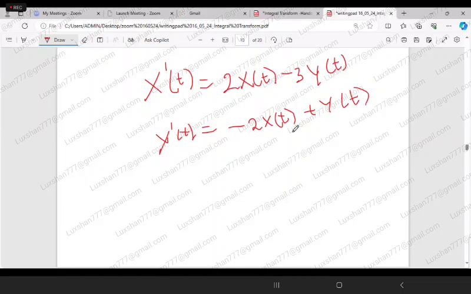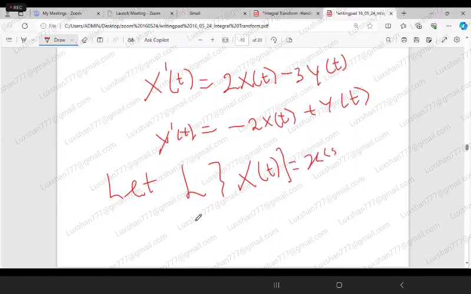So now we want to solve this equation. You have to write this one, otherwise the examiner will not know what your X(s) and Y(s) are. So let the Laplace transform of capital X(t) equal X(s), and the Laplace transform of capital Y(t) equal Y(s).